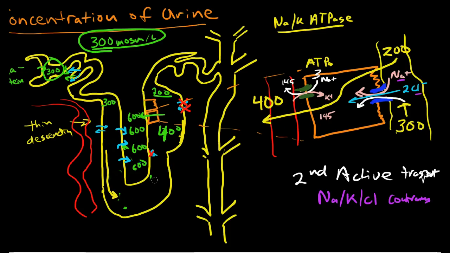The osmolarity increases from 400 to 600, and this keeps flowing down the loop of Henle until we get here, and then the process continues to occur again and again until we end up with a very highly concentrated fluid. And maximum concentration is around 1200 to 1250.